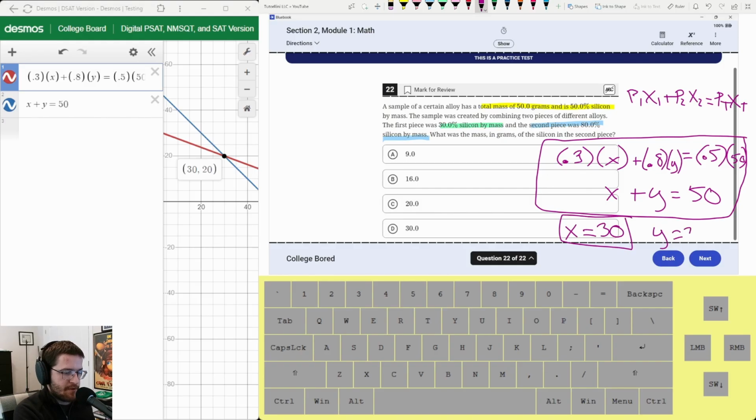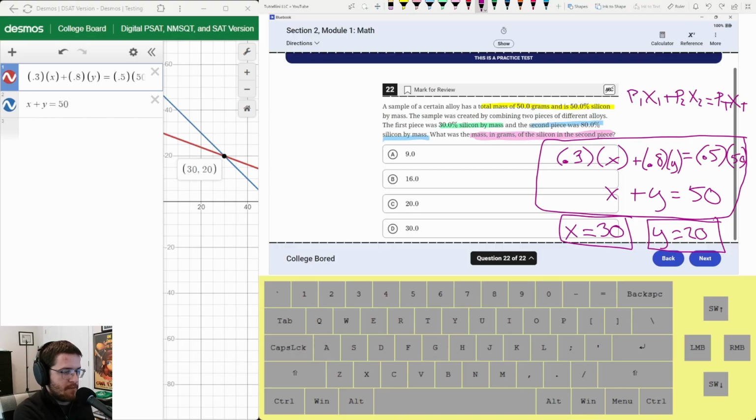Now we have to read the question very carefully. The question says we want to know the mass of the silicon. Not the total mass, the mass of the silicon in the second piece. So that's this part, the 80% silicon by mass.